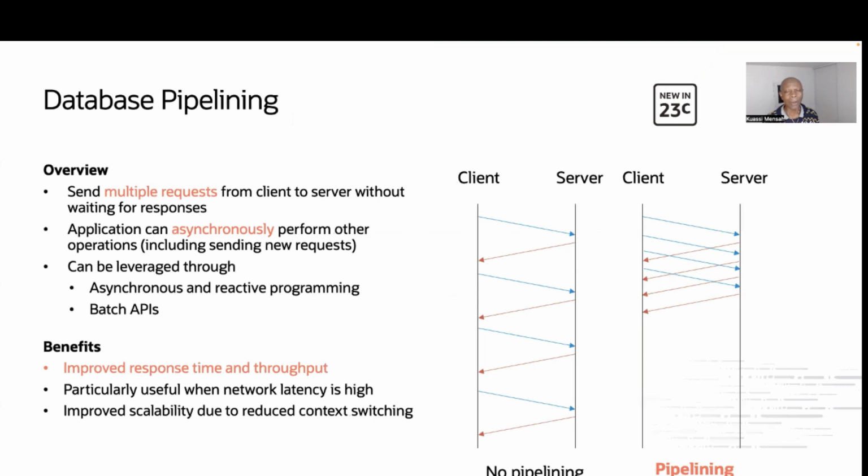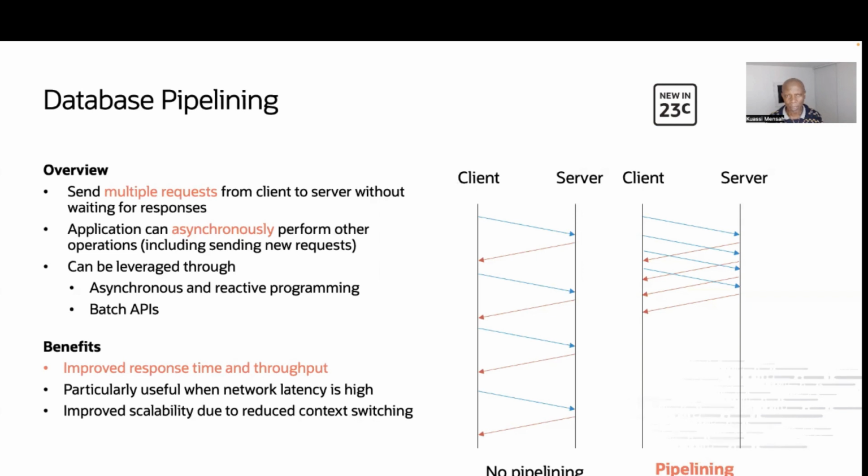Okay, so now I'm going to show you how we can use all those mechanisms to support the Oracle database pipelining operations. So what is database pipelining? Database pipelining, as you can see in the pictures on the right of the slide. Traditionally, without pipelining, interaction with the database is request, response, request, response.